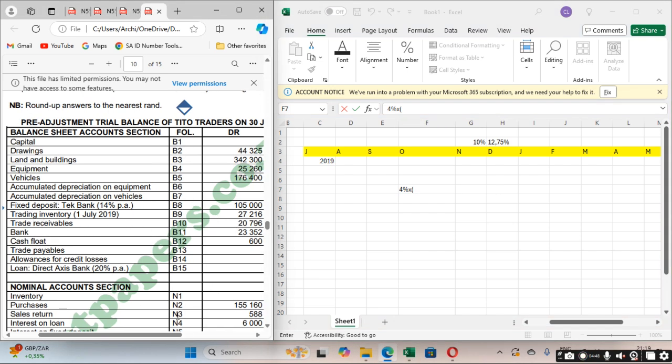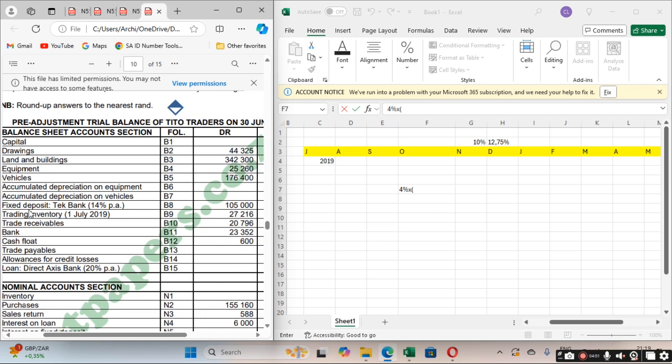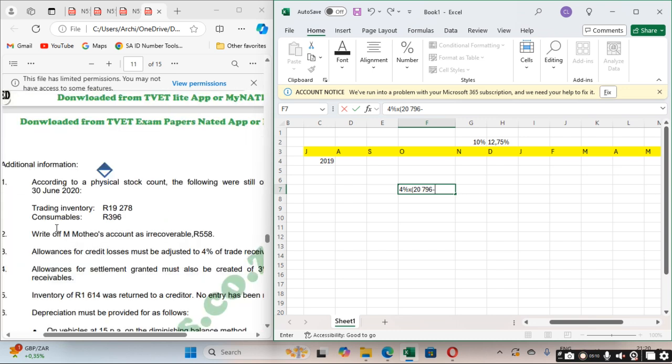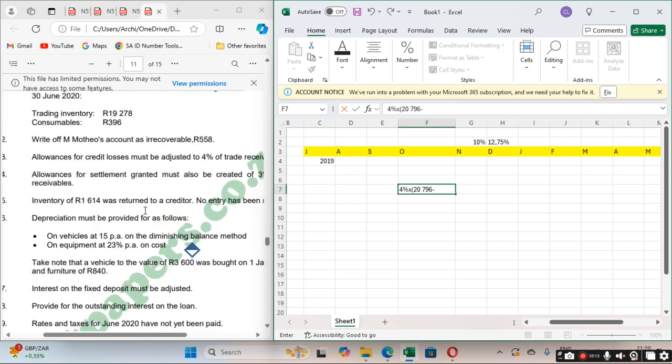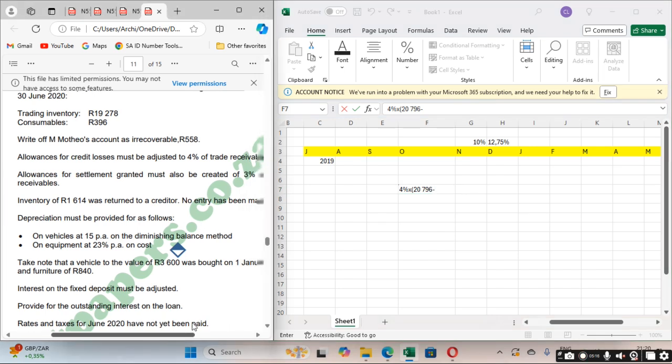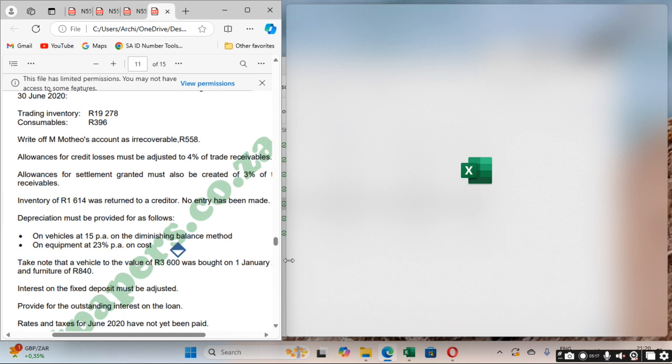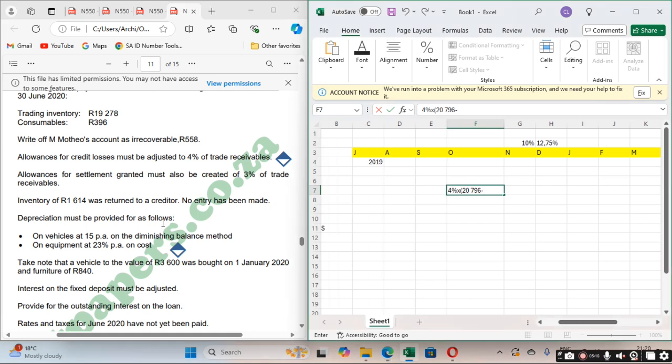It's 2796 minus the recent credit loss, the Mateo account written off as irrecoverable, so we minus the 558, close bracket.